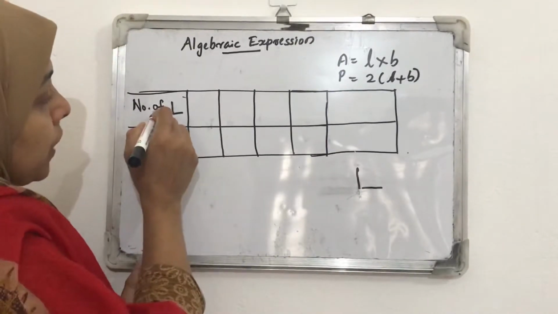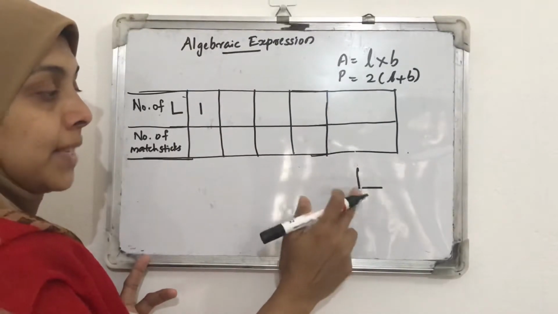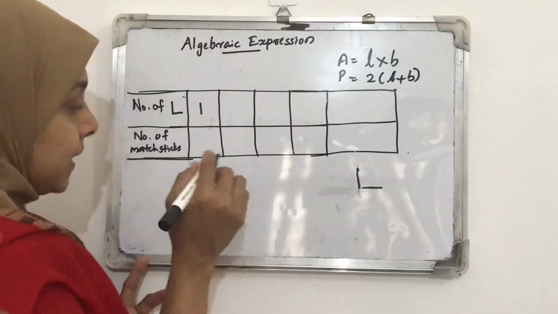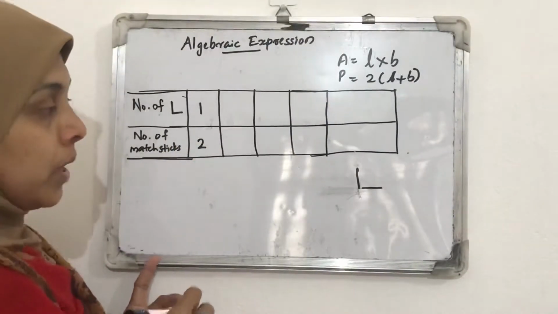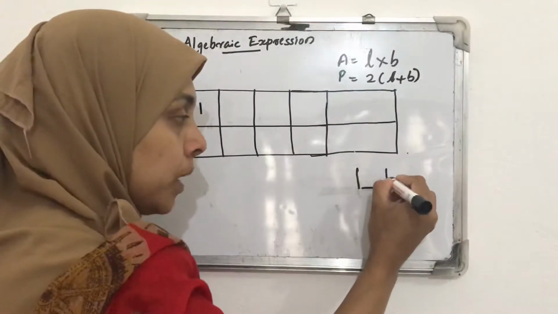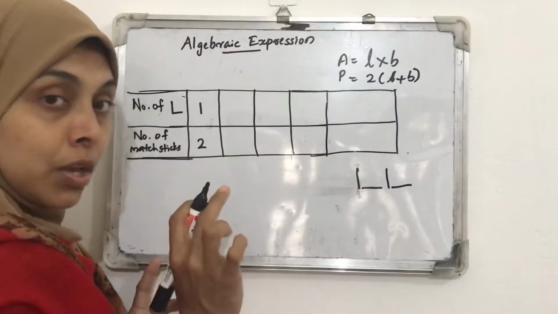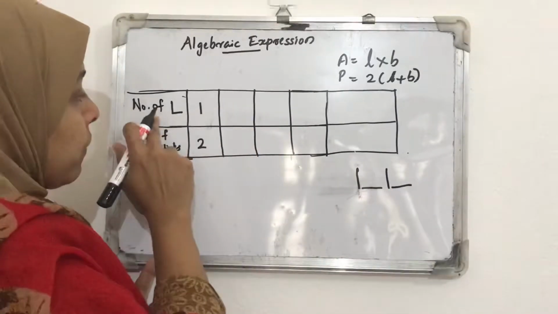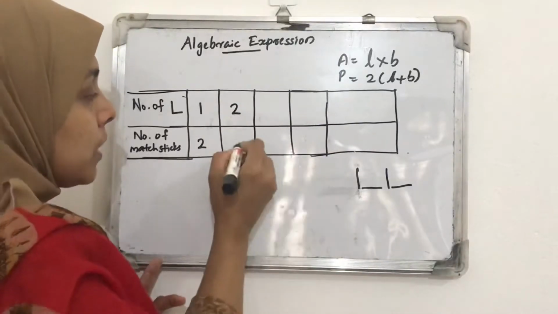For forming one L, we use only 2 matchsticks. Suppose we want to make 2 L's, how many matchsticks do we use in total? 4.